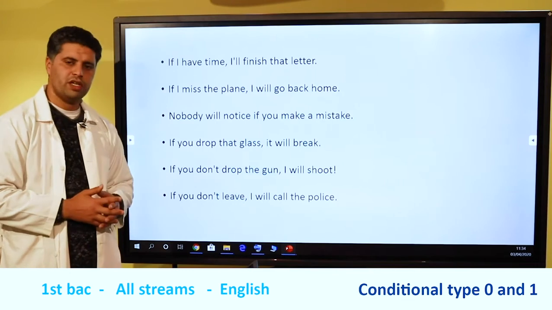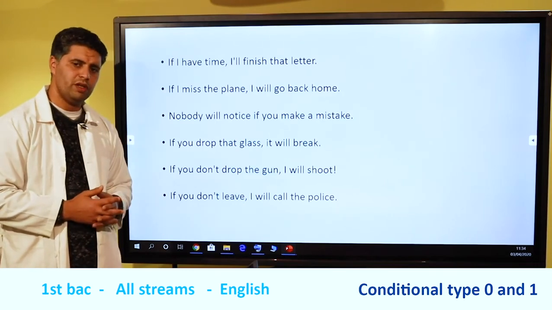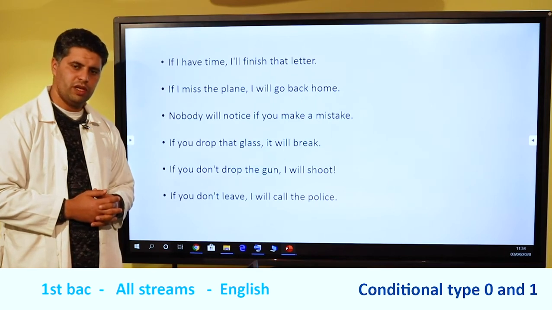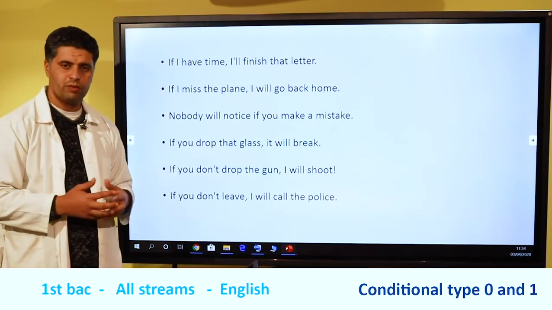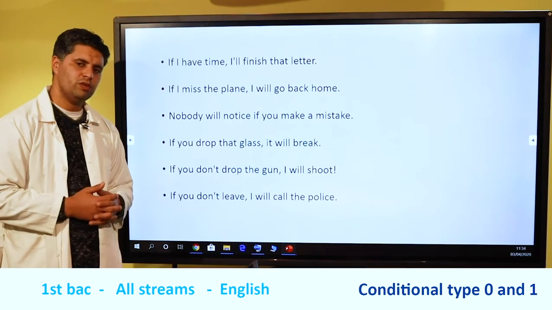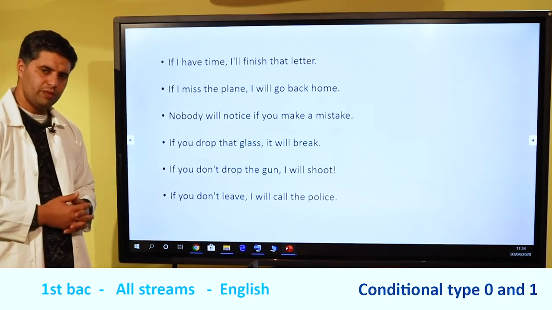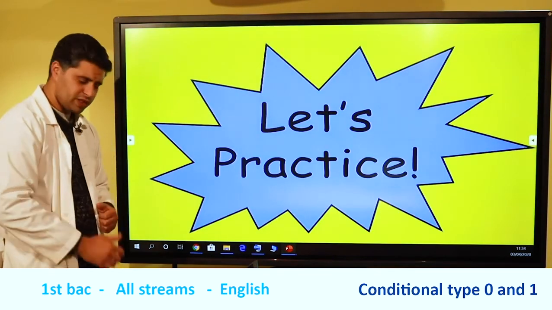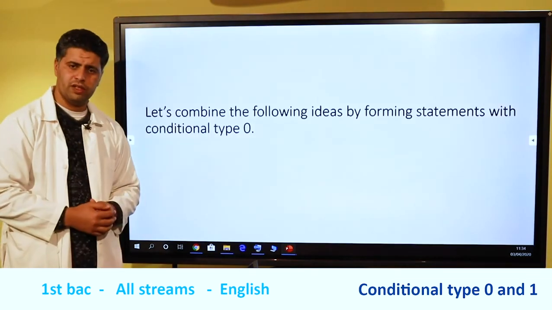Which conditional is it? It is conditional type 1. Why? Because we are expressing something in the future, and when we talk about something in the future, we are not sure if this will happen or not.